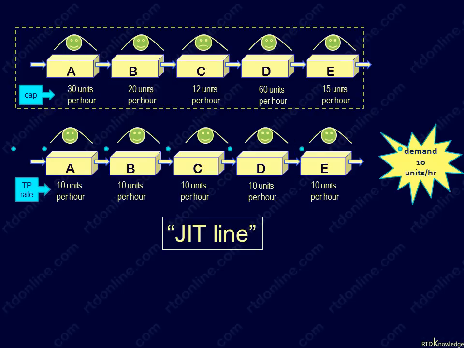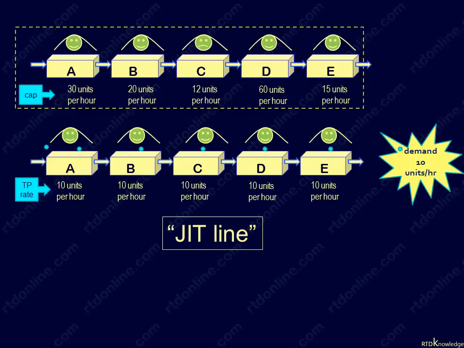It is a special type of make-to-order system in which all workstations, not just the last one, strictly produce according to the takt time. Here, a workstation will only produce and deliver if required or pulled by the next workstation, also referred to as its internal customer.